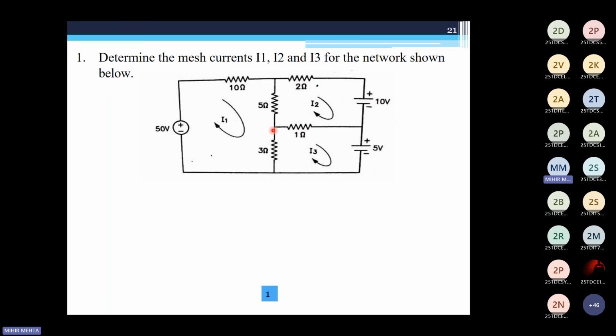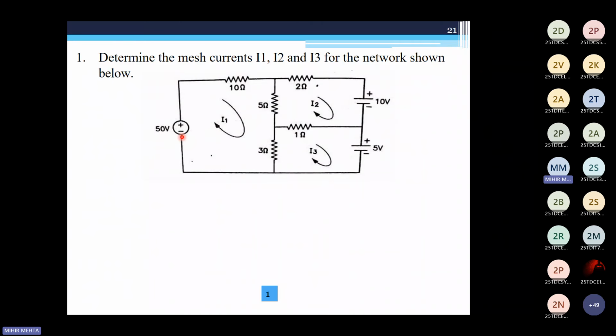Moving ahead to your 3 ohms resistance. You can see your I1 is again moving in the downward direction, but I3 is moving from bottom to top in the 3 ohms resistance. Again, since we are moving in the direction of I1, this would be minus of 3 into I1 minus I3. Since there is no element in the bottom branch, there would be no term associated with it. Moving on the leftmost branch from bottom to top, we cross the negative terminal first, followed by the positive terminal.